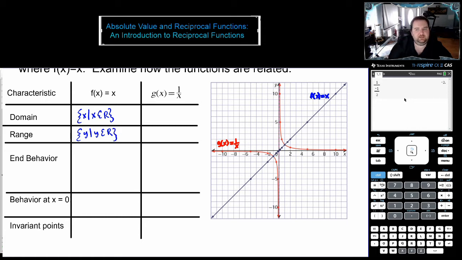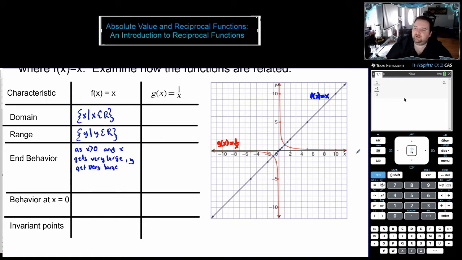Okay, let's take a look at the end behavior now. What's happening to our line here? As x is greater than 0 and x gets very large, what happens to y? y gets very large.